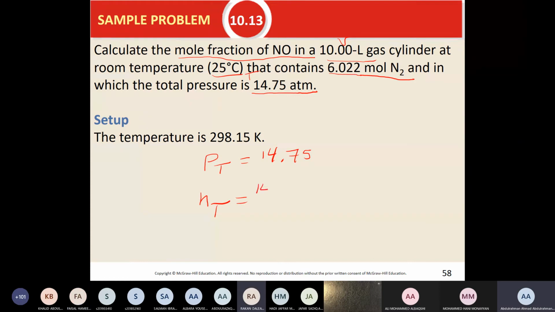n total equals P total times V, which is 10 liter, over R, 0.0821, multiplied by T, 298.15.